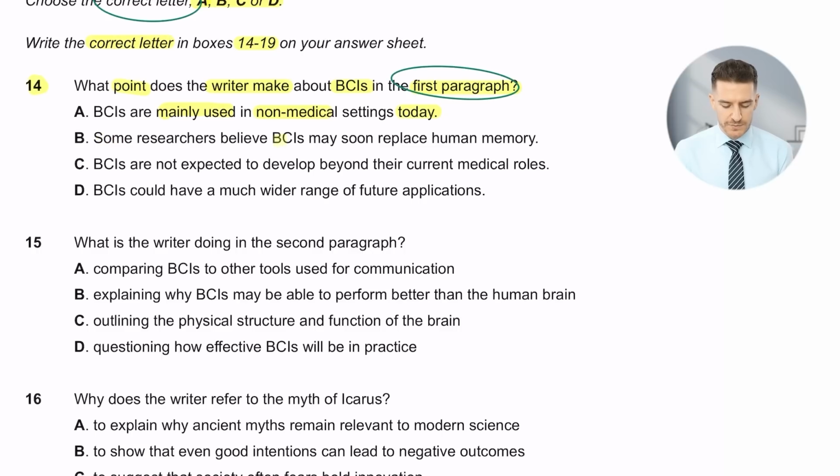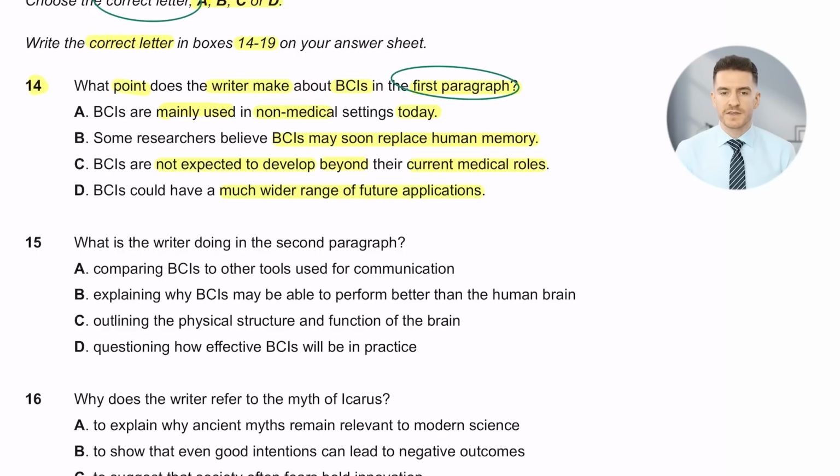Some researchers believe BCIs might replace human memory. BCIs are not expected to develop beyond their current medical roles, and BCIs could have a much wider range of future applications.